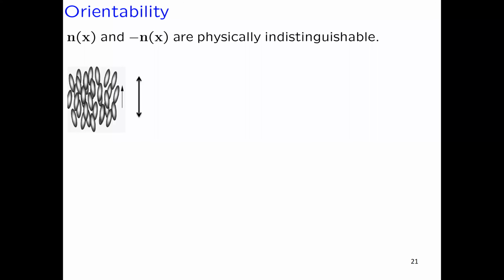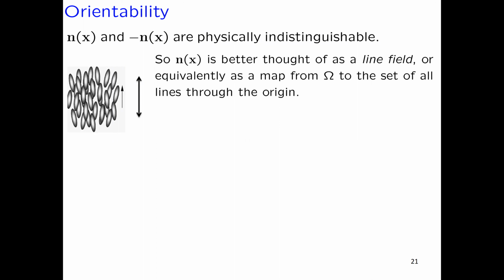But statistically speaking, there are just as many, if you like, pointing upwards as pointing downwards. So the director, the mean orientation, n of x, is physically indistinguishable from minus n of x. So you shouldn't really have an arrow here. You should have a double-headed arrow. So it's better thought of as a line field, not a vector field.